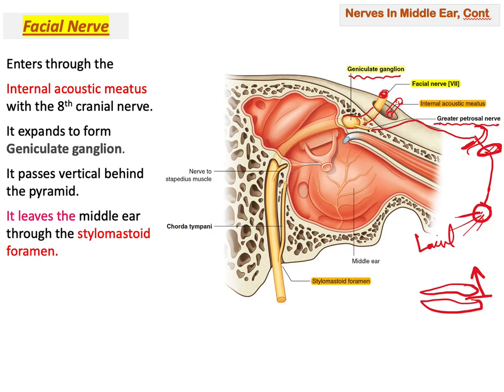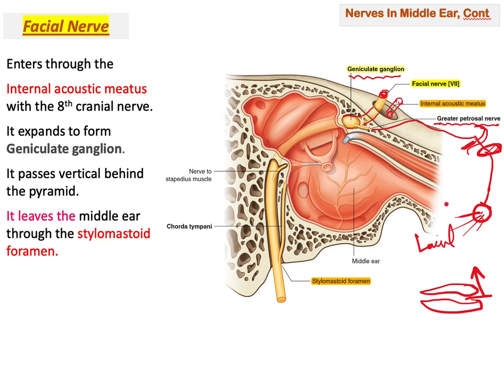What I want to say is that all salivary glands above the level of the oral fissure, like here in the nose, in the palate, and also the lacrimal glands in the orbit, are innervated by the greater petrosal nerve, right? Which is a branch of the facial nerve.